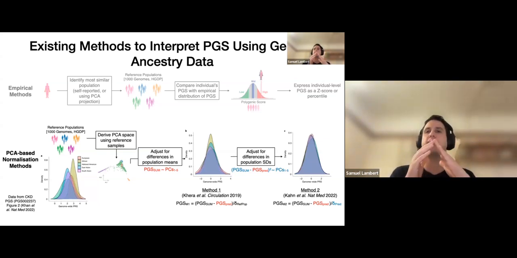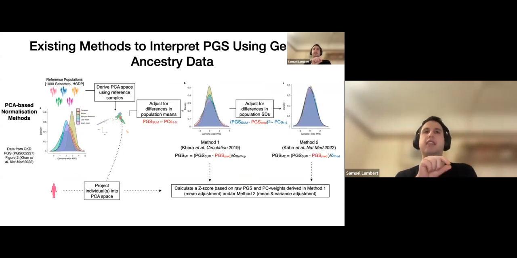And then we can do a second, and what you can see in that first graph is basically the distributions have the same mean, but they have different spread, different variance. And we can also make sure that the variance is the same in different populations. And this is by regressing the residuals of the first regression to make sure that each population has the same mean and standard deviation for their polygenic score, so that it's a perfect measure of genetic predisposition, relative and irrespective of your genetic ancestry.